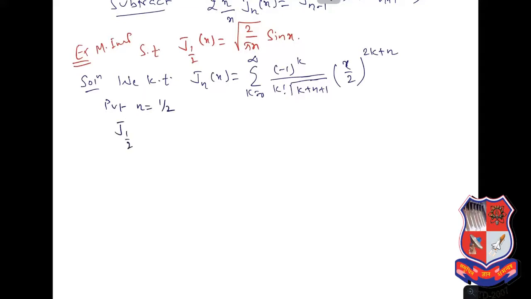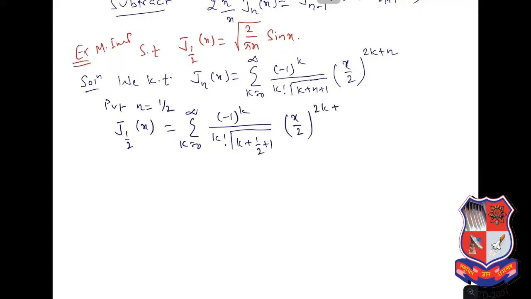So J of 1 by 2 of x equals series k equal to 0 to infinity, minus 1 power k over k factorial. Now n is 1 by 2, so this is gamma k plus 1 by 2 plus 1, x by 2 power 2k plus 1 by 2.